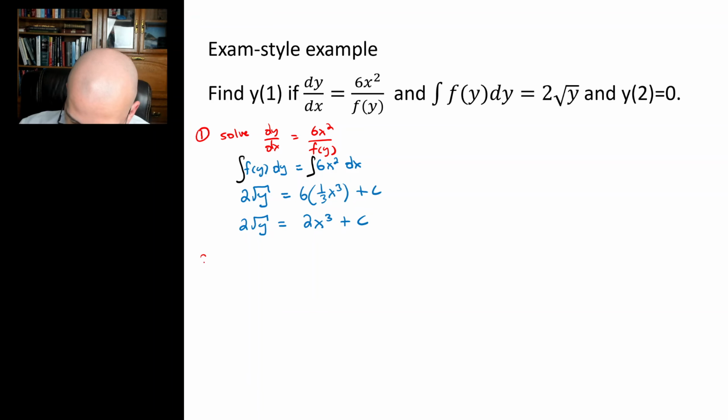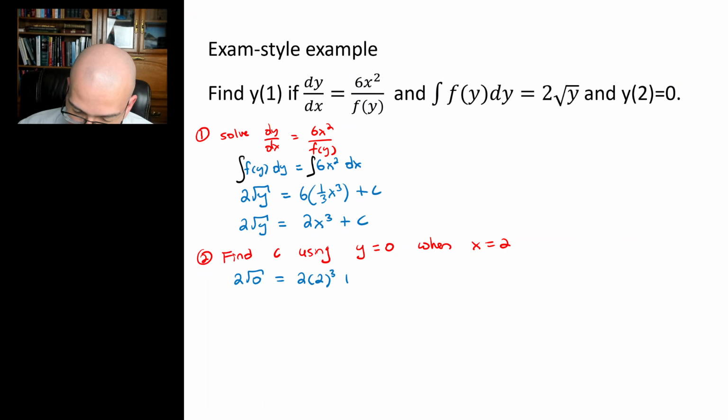Step 2, find c using y equals 0 when x is equal to 2. So we have 2 times the square root of 0 is equal to 2 times 2 cubed plus c. So 0 is equal to 16 plus c, and that means c is equal to negative 16.